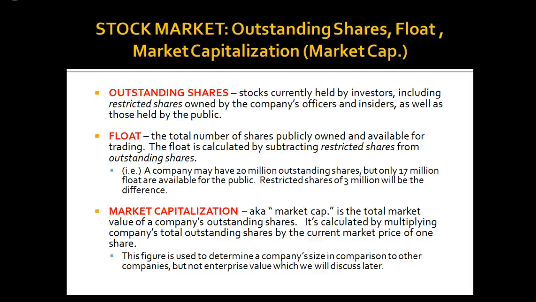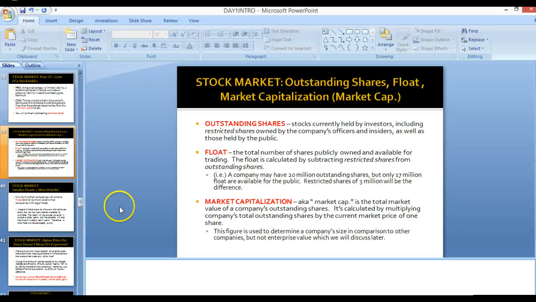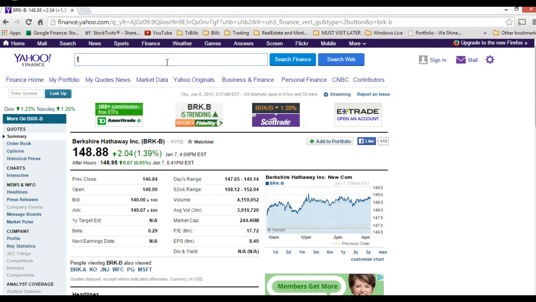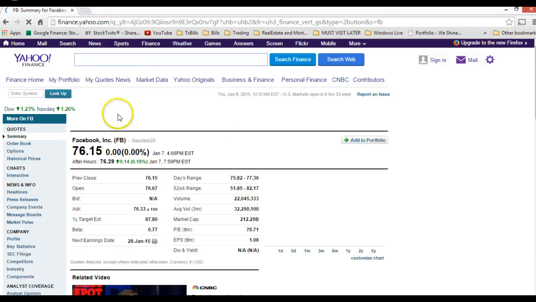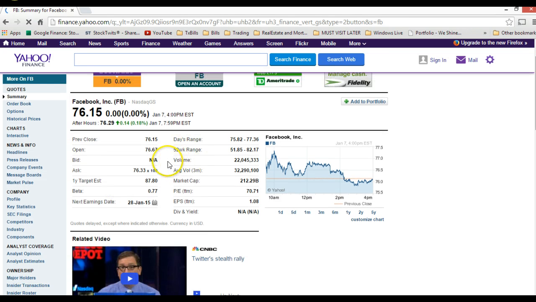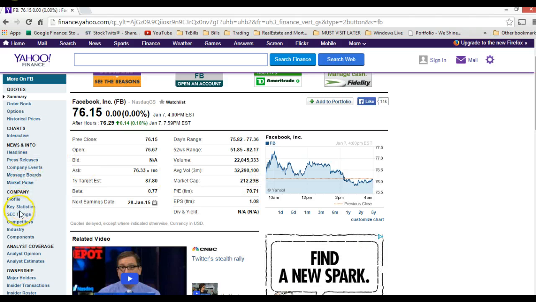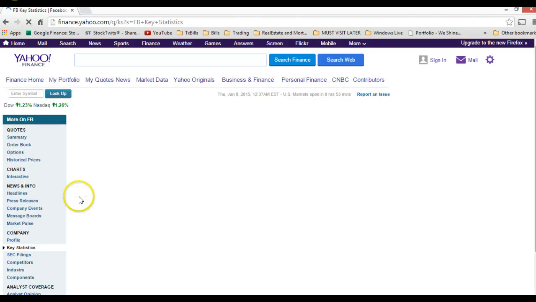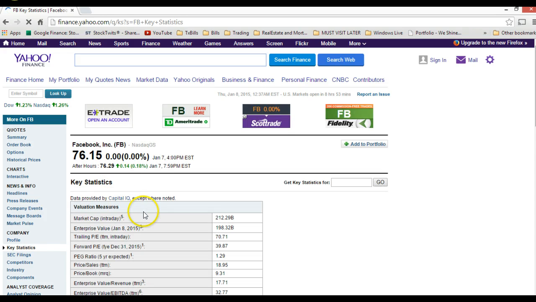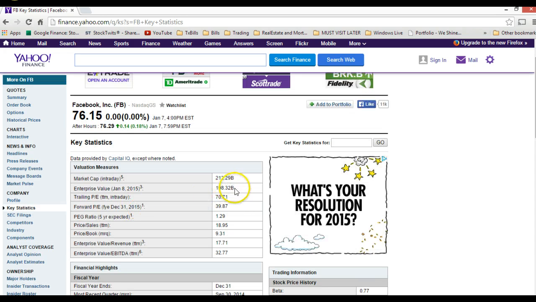And that's it. Let's go ahead and take a look at, let's say, Facebook's market cap and contrast that to its enterprise value. Let's say Facebook has a market cap of 212 billion, but if you go to key statistics and look at the enterprise value, you see the EV is much lower.